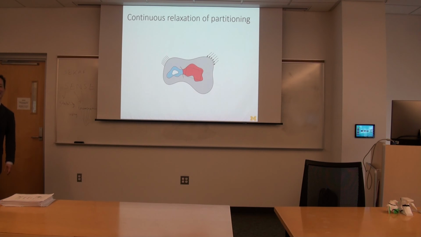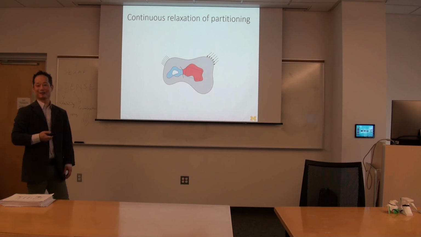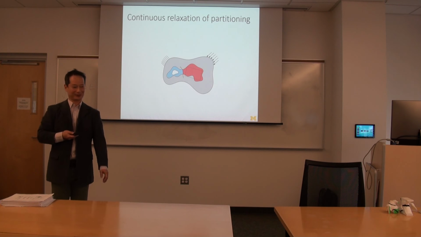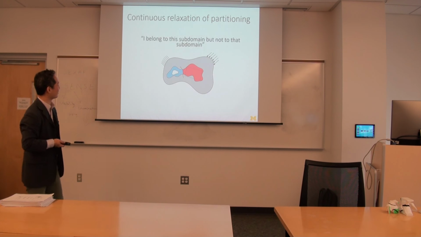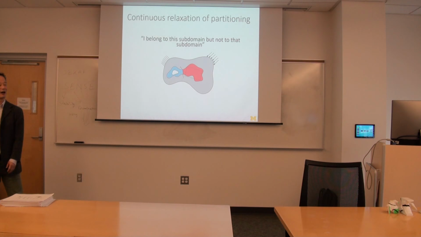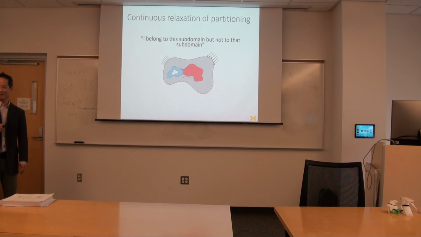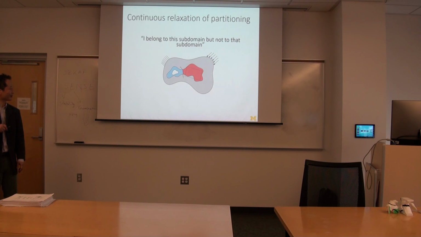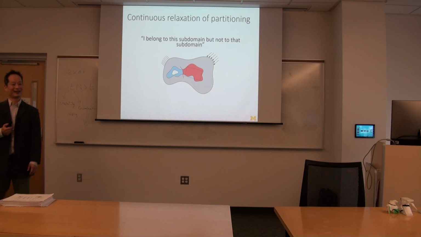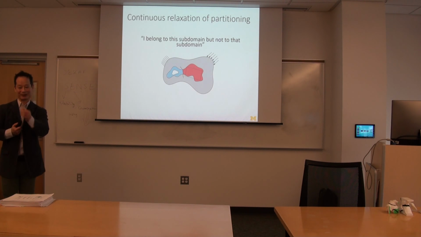If you say that, okay, one blue exists in the potato and one red exists in the potato, that is really the discrete understanding of the problem. Meaning I, being a little part of the potato, belong to the blue subdomain, but not to the red subdomain. That's the discrete interpretation of the partitioning problem.